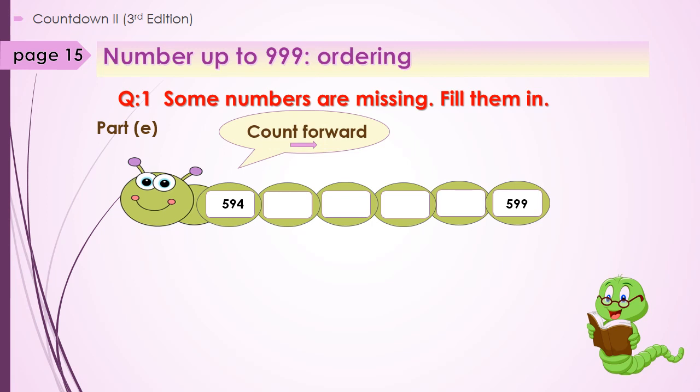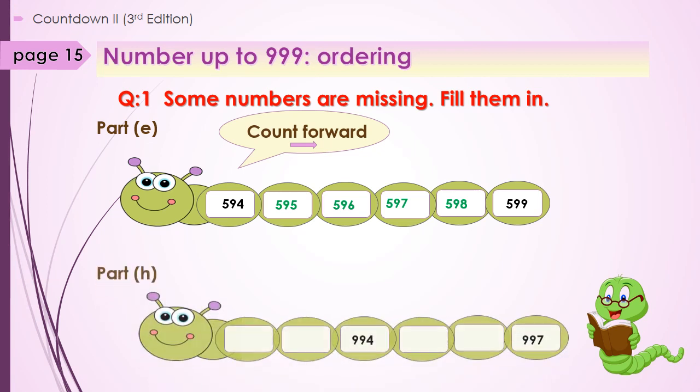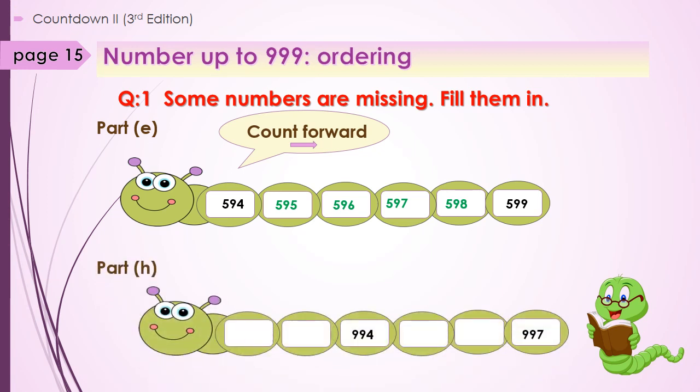Combine the last two digits of the number and count forward. 595, 596, 597, 598.